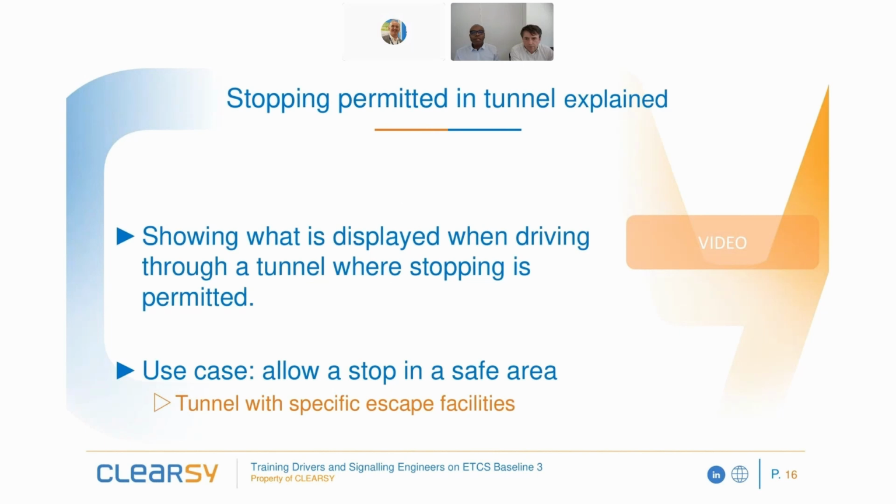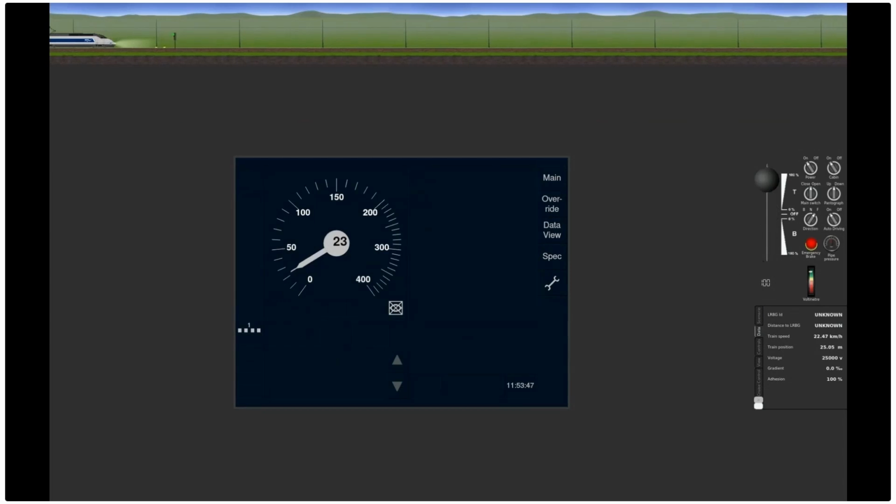Here we have to explain stopping permitted in tunnels. This scenario shows a new feature introduced in Baseline 3. This scenario shows a specific track condition situation where it is allowed for the driver to stop in a tunnel. The train starts in staff responsible mode.